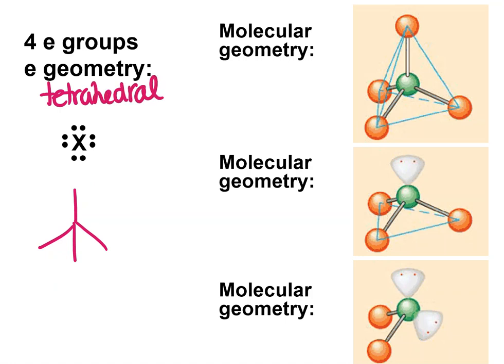Those are the electrons. Now the molecular geometry depends on how many lone pairs we have. Again, our electron geometry is that tetrahedron. For our molecular geometry on this one, we're looking at the atoms. It has an atom on each electron group, so the molecular geometry and electron geometry are the same.